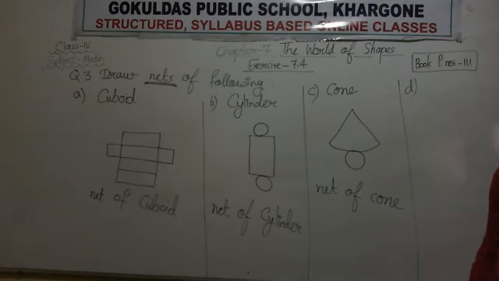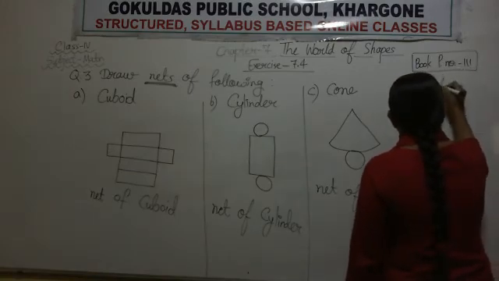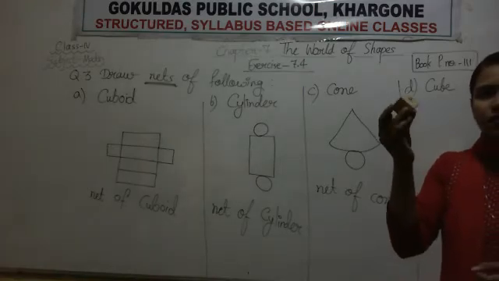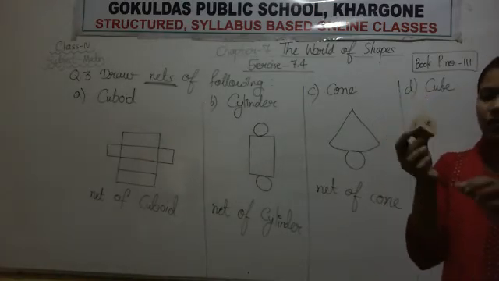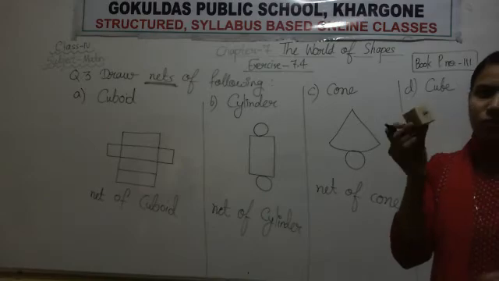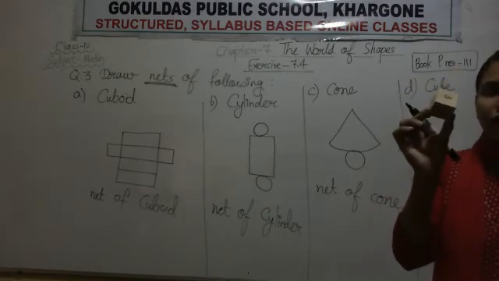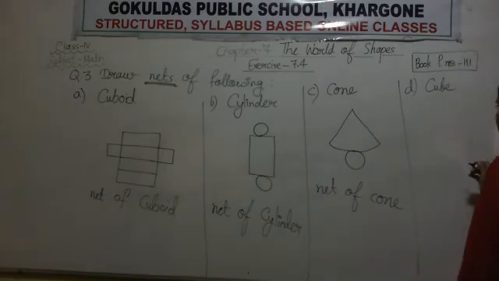Now the last one, given shape name is cube. You know how a cube looks like? Just a crystal of sugar, or an ice cube. It looks like this. It has 6 equal faces.